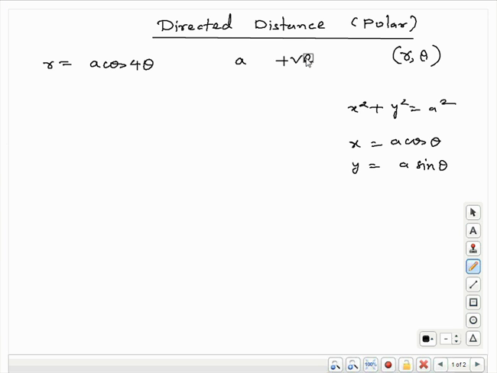This had to be traced, and then area of one loop had to be found out.